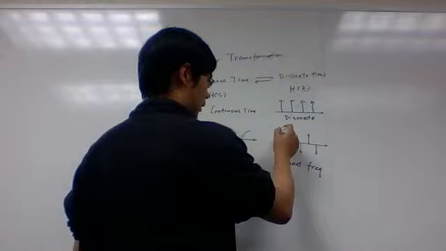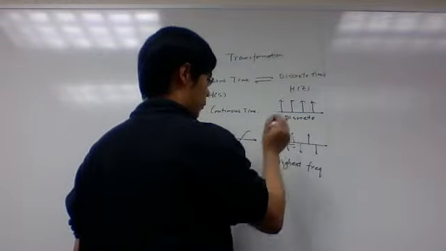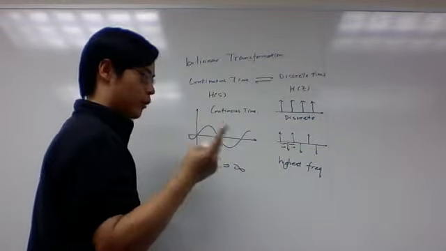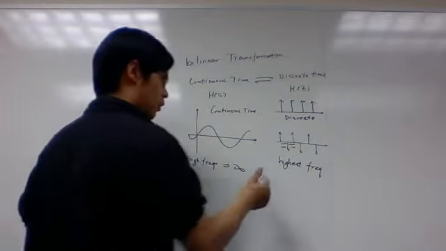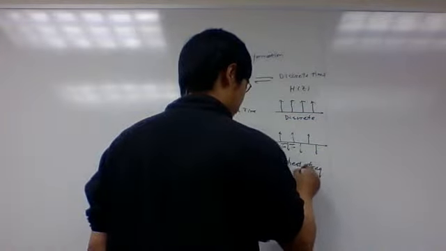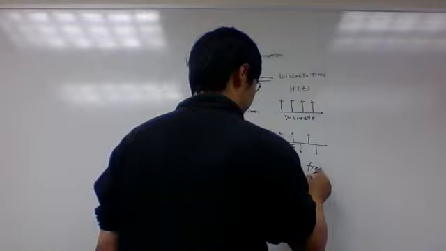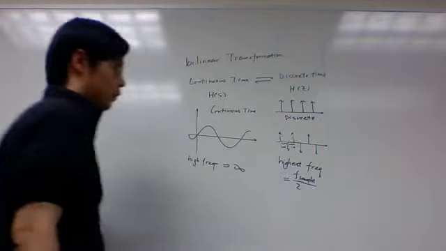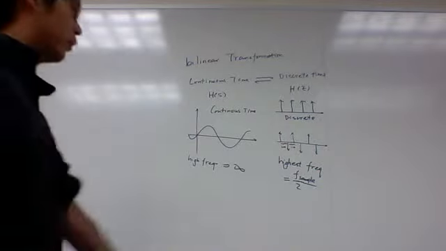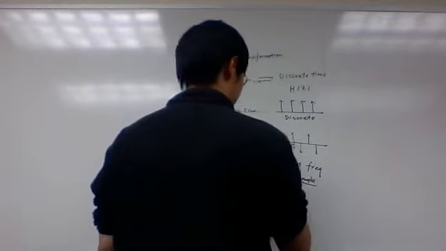Because from here to this point, it takes you 2 sampling times. So the highest frequency is half of your F sample. Okay. So this is the so-called Nyquist theory.